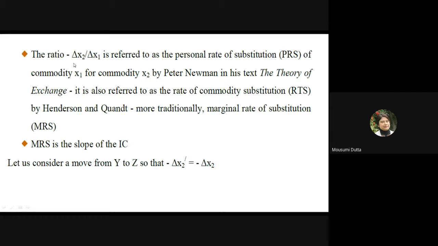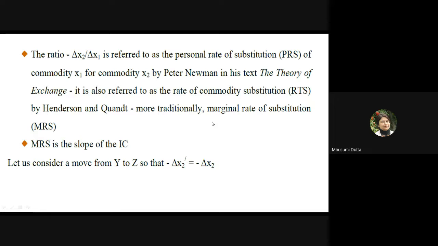The ratio minus delta X2 by delta X1 is referred to as the personal rate of substitution, PRS, of commodity X1 for commodity X2 by Peter Newman in his famous text, The Theory of Exchange. It is also referred to as the rate of commodity substitution, RCS, by Henderson and Quandt.